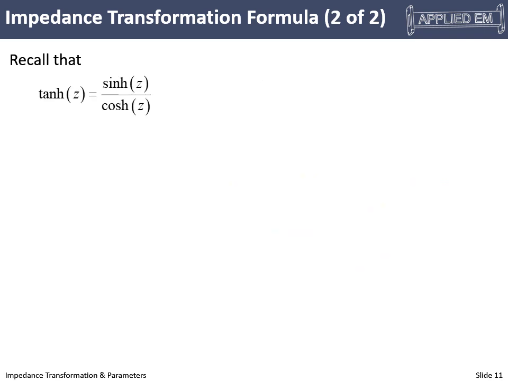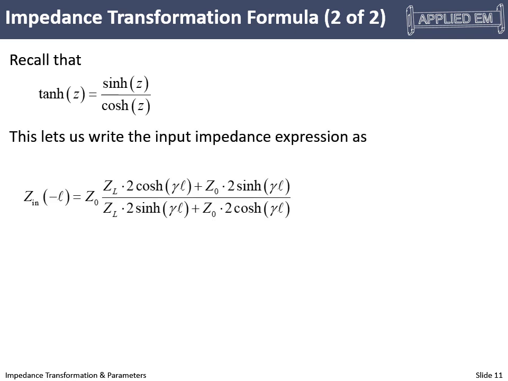To simplify further, let's remember the definition of hyperbolic tangent. It's the hyperbolic sine divided by the hyperbolic cosine. Now here's our equation from the previous slide. These 2's will cancel. Then what we can do is divide numerator and denominator by the hyperbolic cosine.